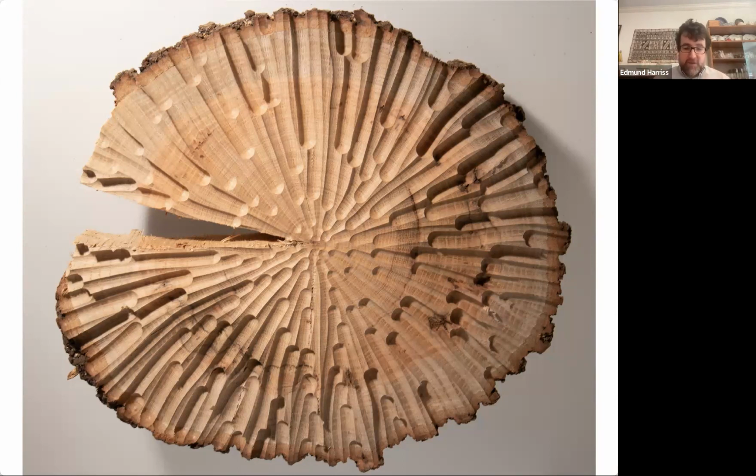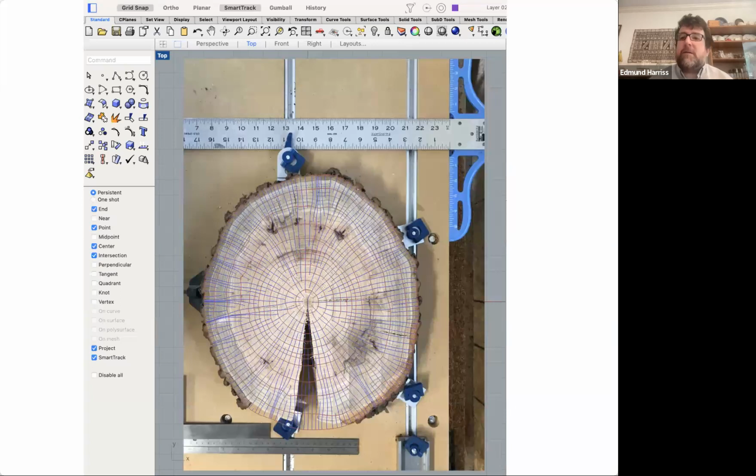So I take a photo of the slice, and I drew in every fifth grain line. And then I had an algorithm which starts at the central point, and then basically it draws lines out, staying at right angles to the sort of family of curves.